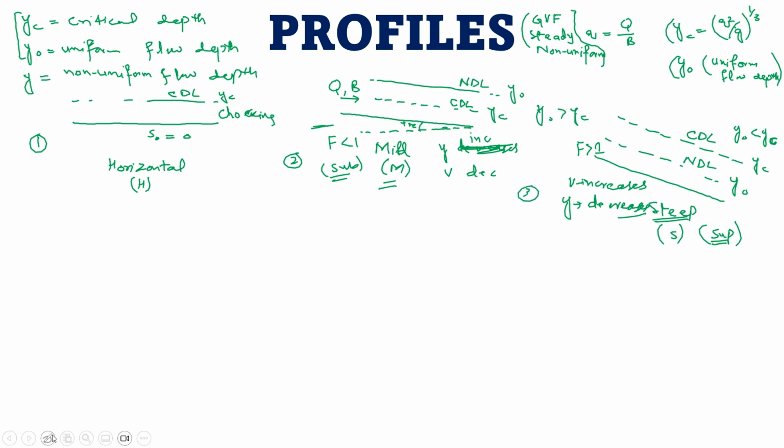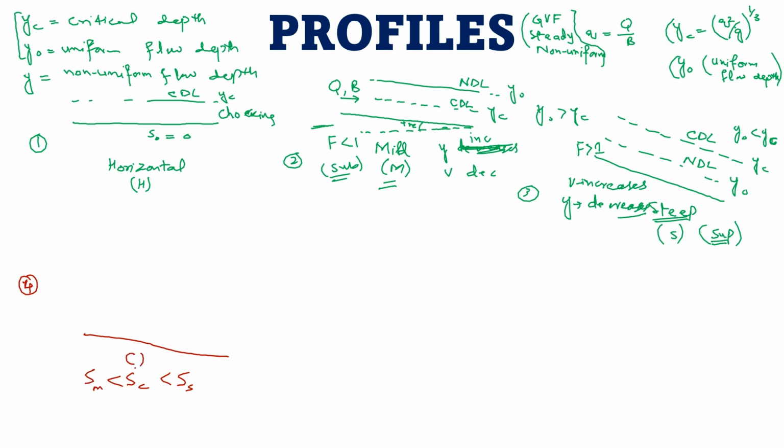The fourth case will be critical slope. It will be between subcritical and supercritical. You can say that critical slope is less than steep slope, but it is greater than mild slope.